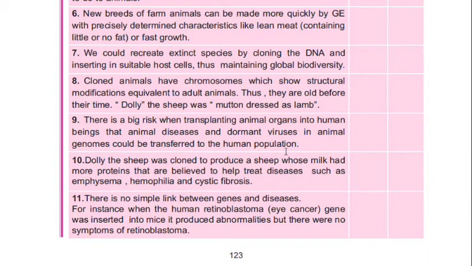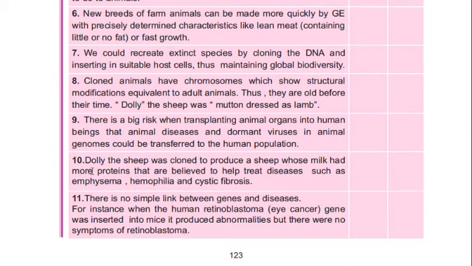If we take an organ from an animal and put it into a human, that human can be sick as a result of getting some diseases from the dormant viruses in animals, and then he can pass them to other humans. So that is something negative. So we're going to take two in against.